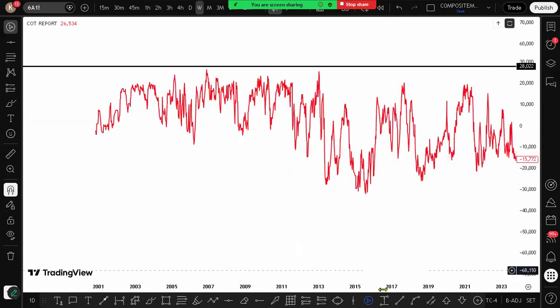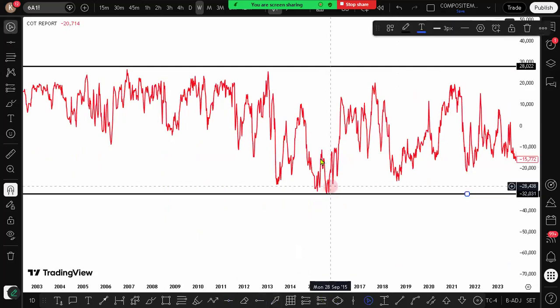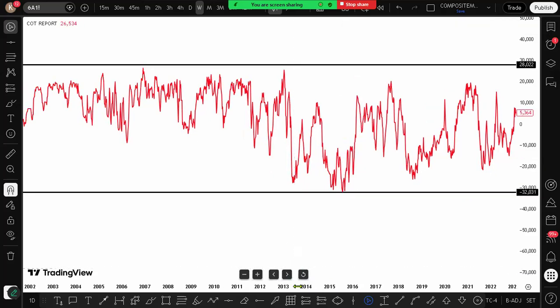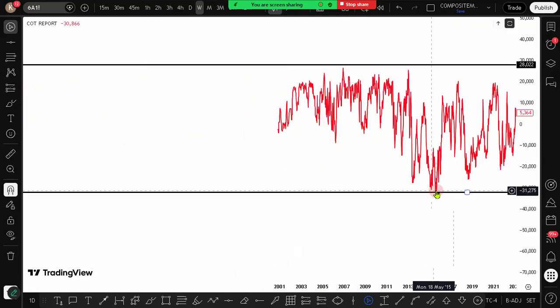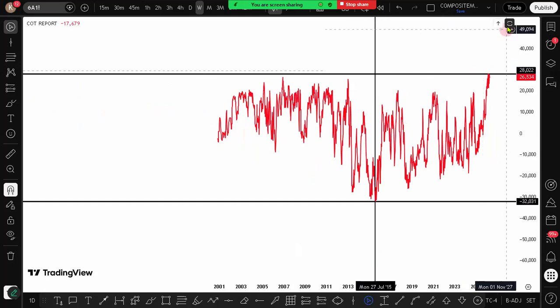For example, let me show you something. I'll use another example. Can you see this low? When retailers got more bearish like this, that was their all-time low. That was the last time they were bearish like that. Let me show you how the market behaved.